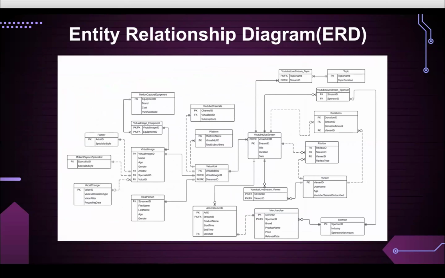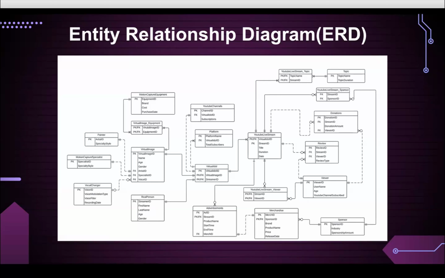I would like to know in what kind of order did you design the whole system? Did you start with the VTubers themselves, or did you start with any other component? Actually, we first created the virtual idol. We think that the virtual idol has a real person behind the virtual image, and also the virtual image itself.